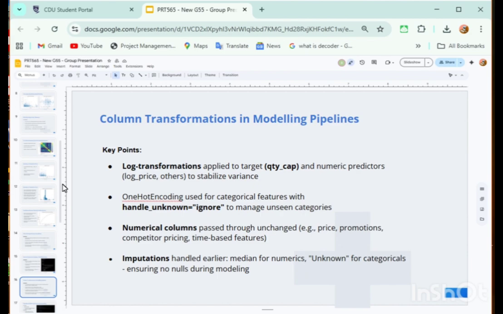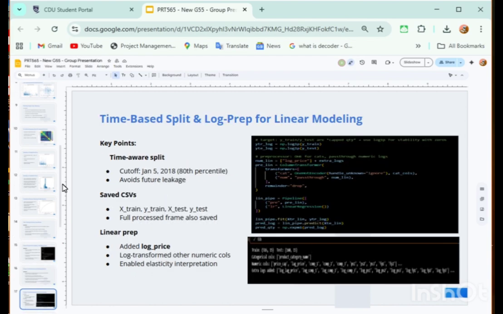Finally, for model preparation, we set up a robust two-track approach. For tree models, like random forest, we kept numerical features unscaled since tree models are scale invariant. For the linear model, that is logistic regression, we performed a time based split, training on past data and testing on future data.